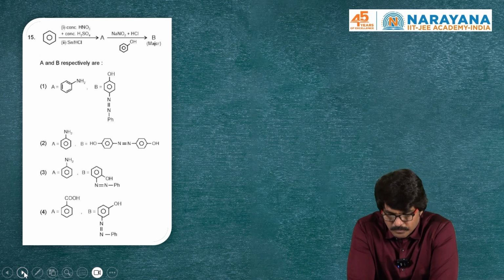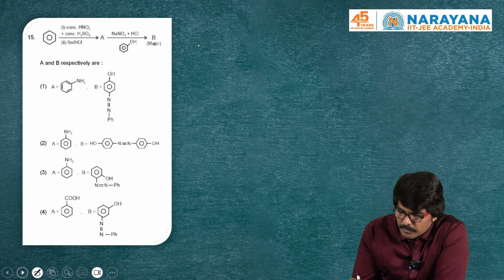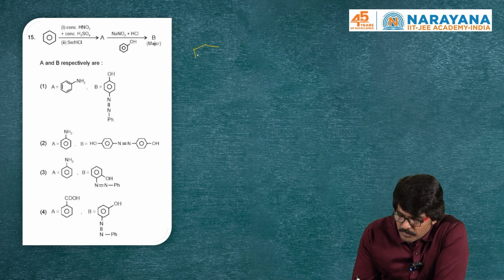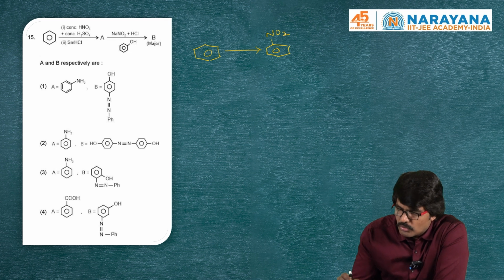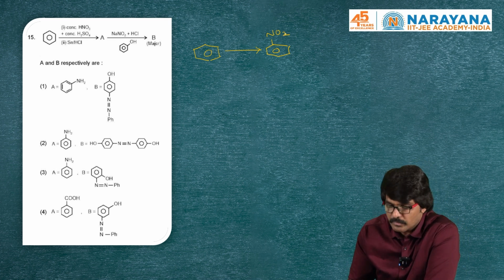And the next one, a sequence of reactions was given. The first one is benzene. Here, two different reagents were given in the first step. The first one causes nitration, that is the nitration mixture. The incoming electrophile is NO2, so the product is nitrobenzene.